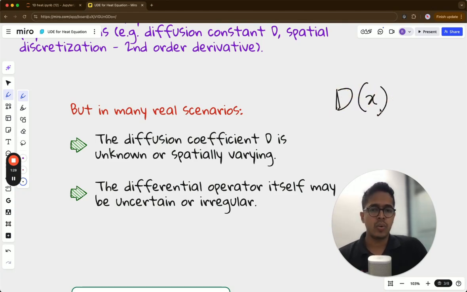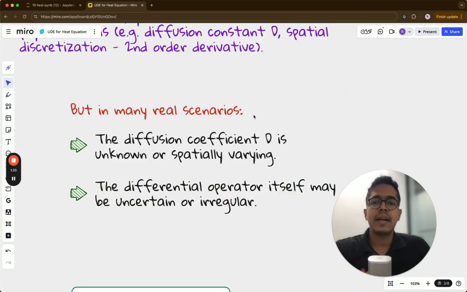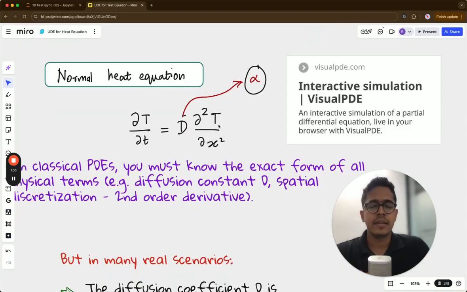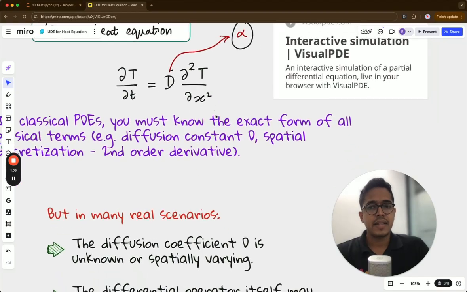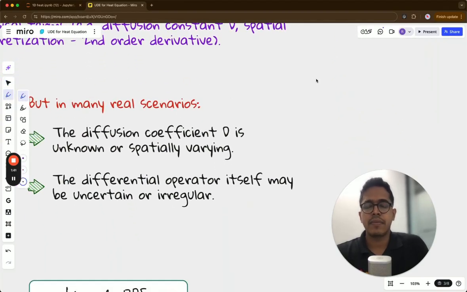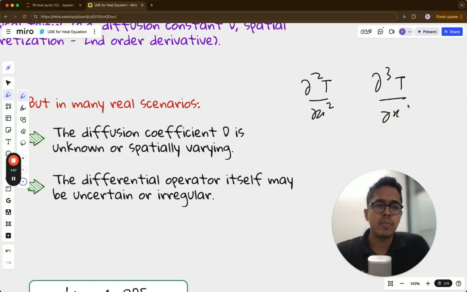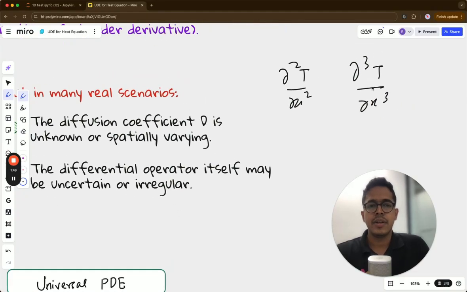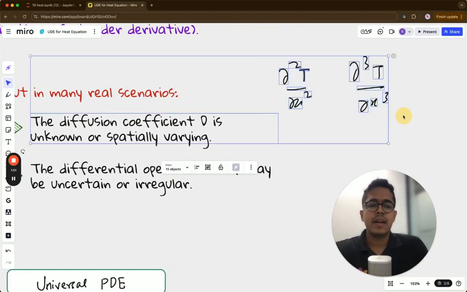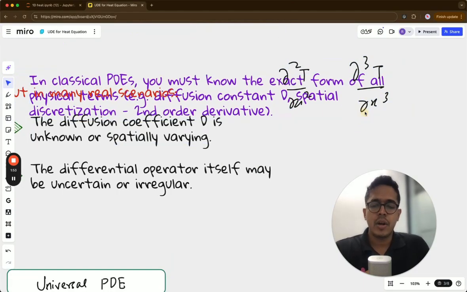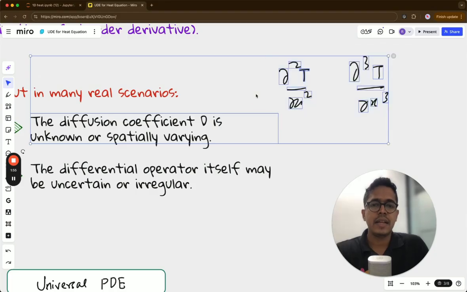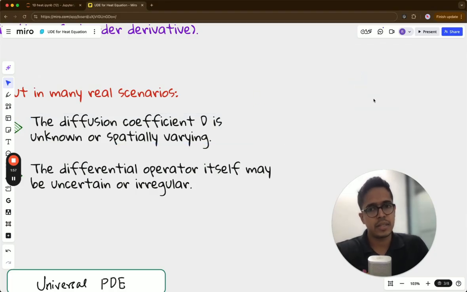Sometimes you may not even know whether this operator is the Laplacian, or how do you know whether it's of the form ∂²T/∂x², or let's say ∂³T/∂x³, or something else. You don't know, right? There are cases where, if you are looking at a phenomenon completely from scratch, you probably have no idea how to describe it.